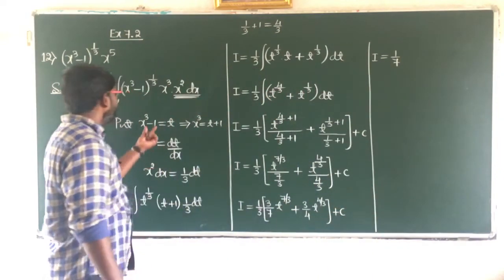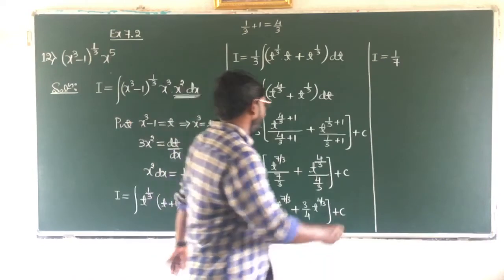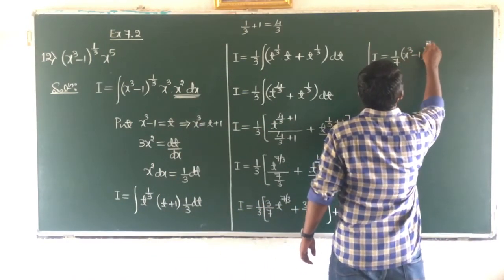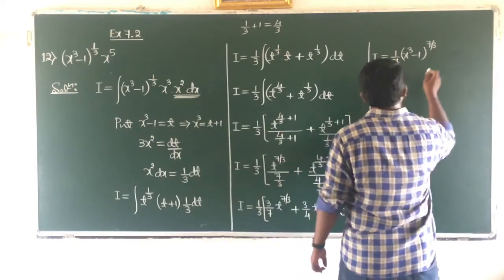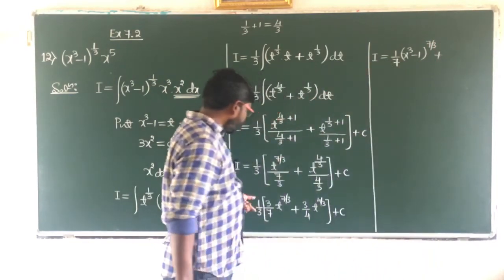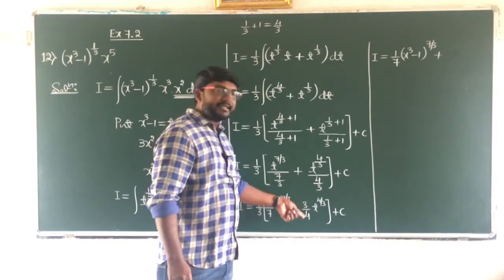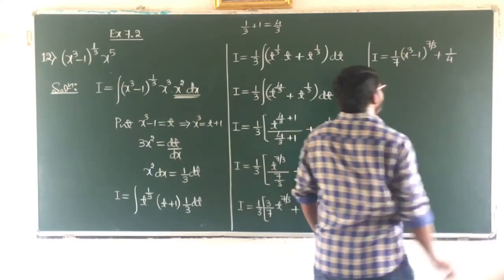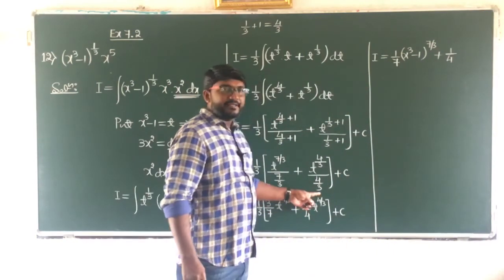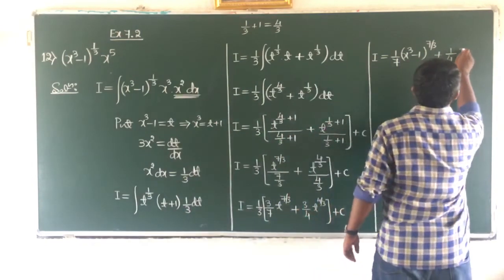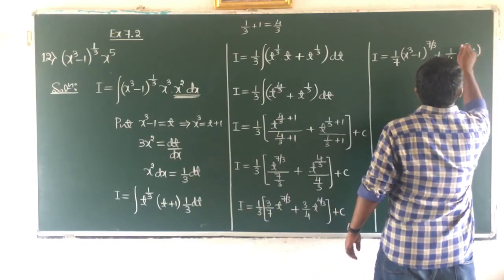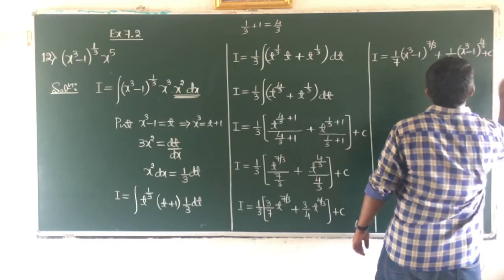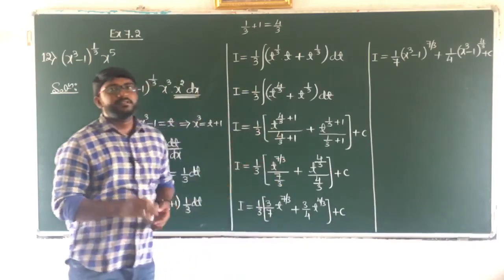Here t is x³ − 1, so it is (x³ − 1)^(7/3), plus, again you take this 1/3 inside the bracket, the 3 cancels, we are left with only 1/4, so it is 1/4 into t^(4/3). Here t is x³ − 1, to the power 4/3, plus c. So this is the final answer for the 12th problem.